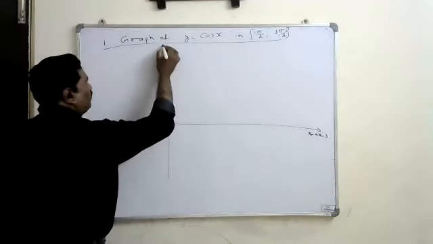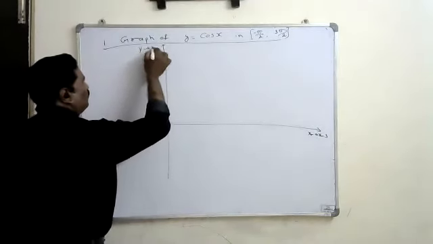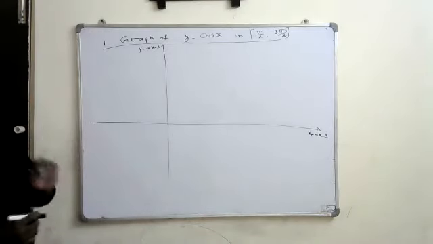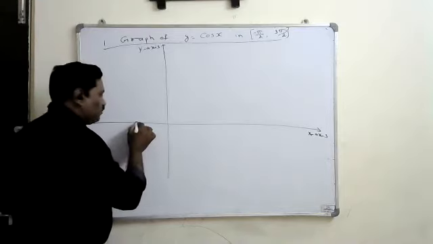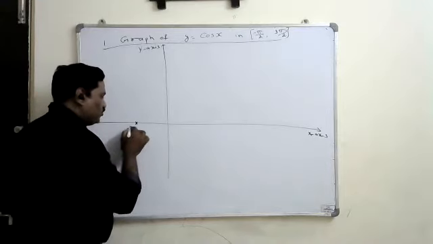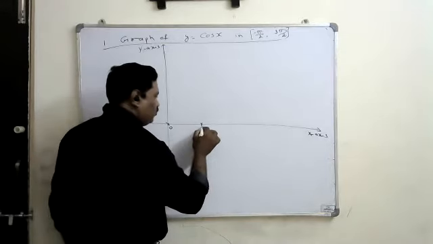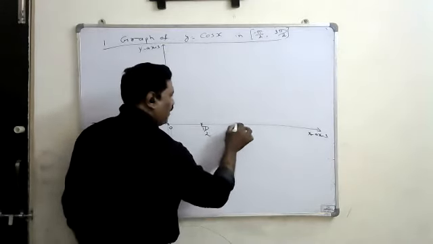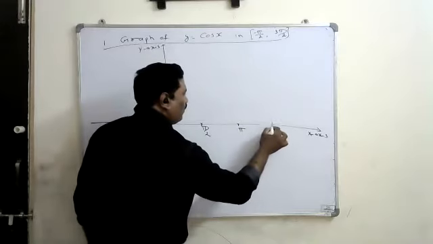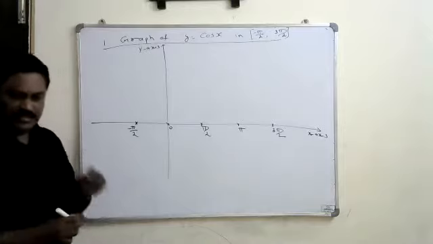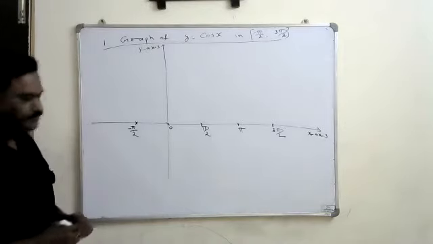On the y-axis, we will represent the values of y. This is minus pi by 2, towards the negative side, then 0, then pi by 2, then pi, then 3 pi by 2. On the x-axis, we'll take the scale as pi by 2 length.